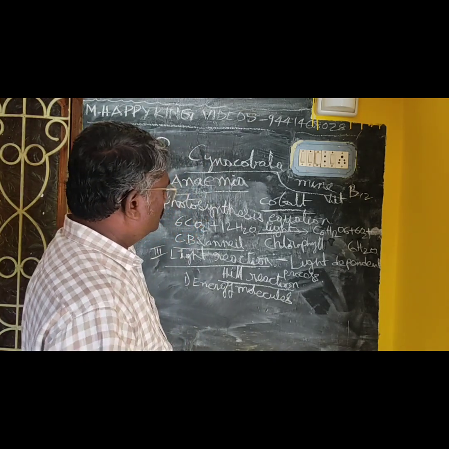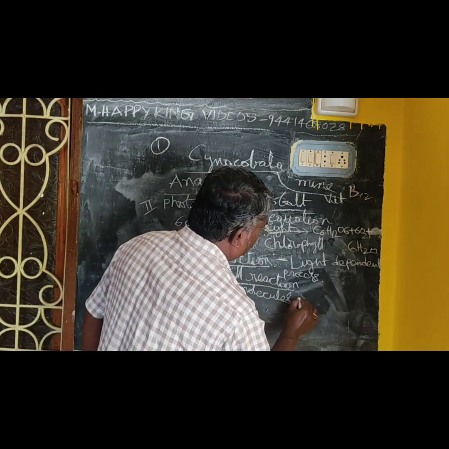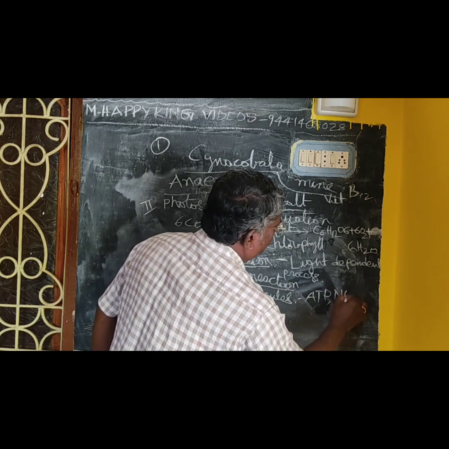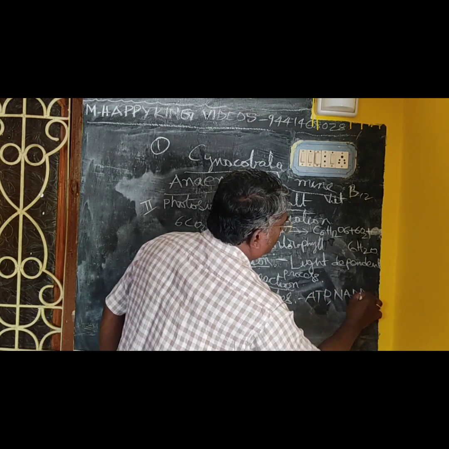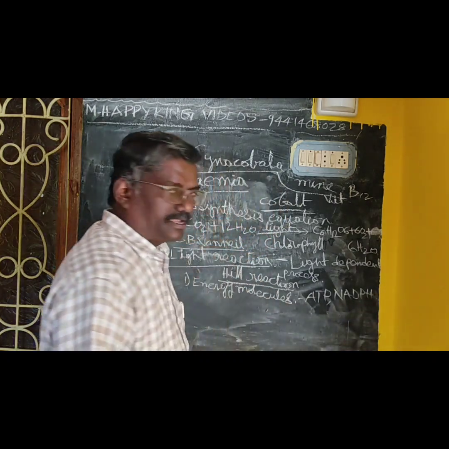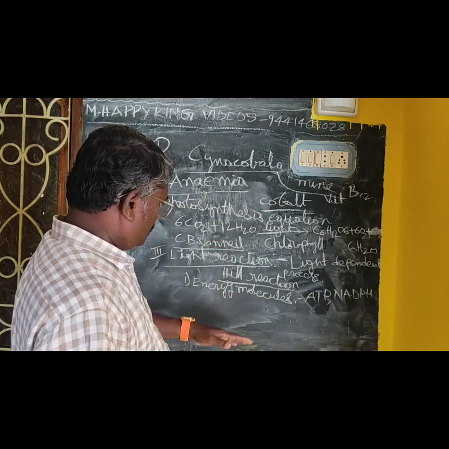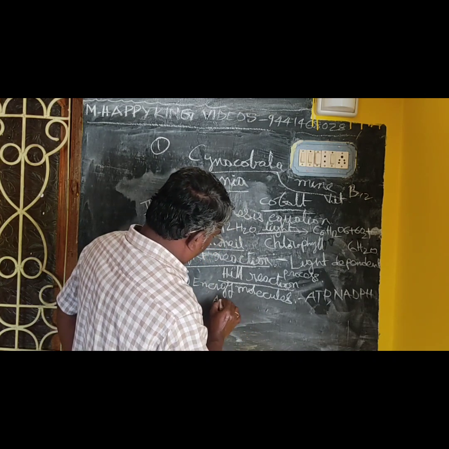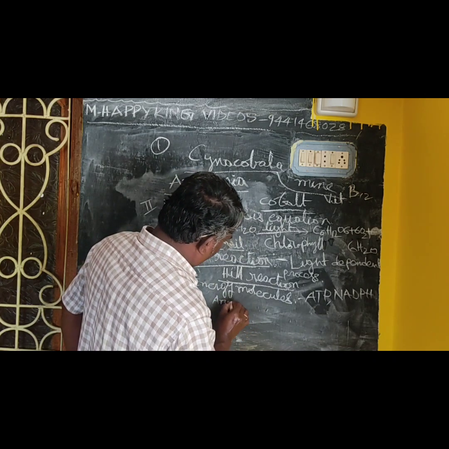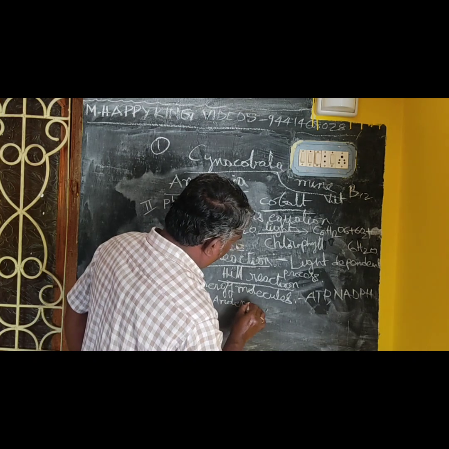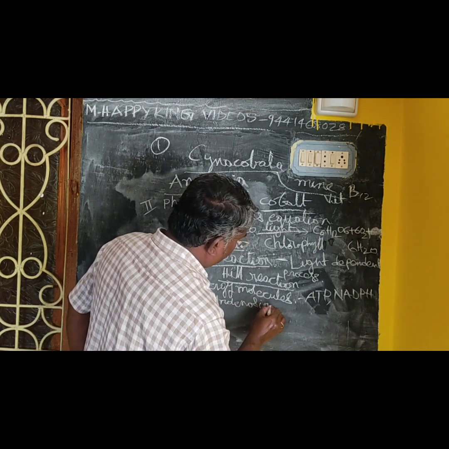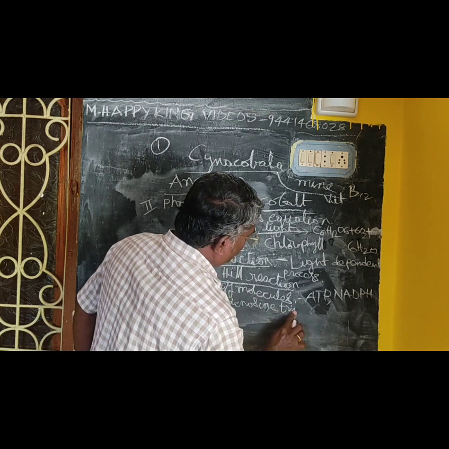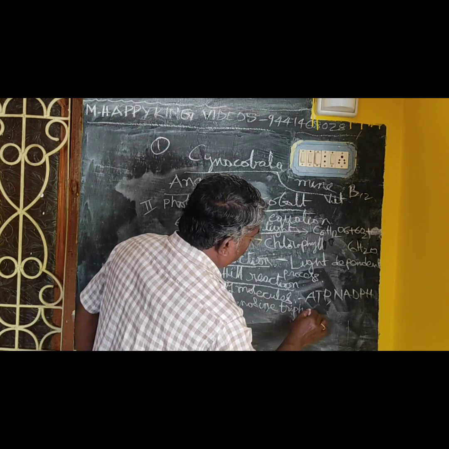Those are ATP and NADPH. ATP is adenosine triphosphate.